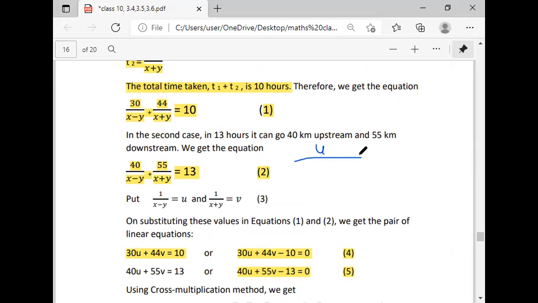Gagandeep. Gagandeep Singh. What will be the denominator of this u if we are using cross multiplication method?